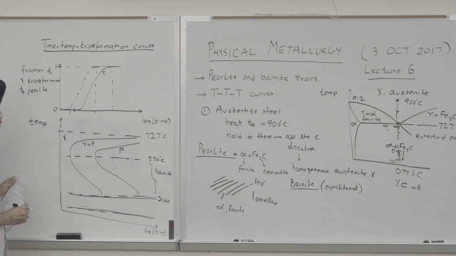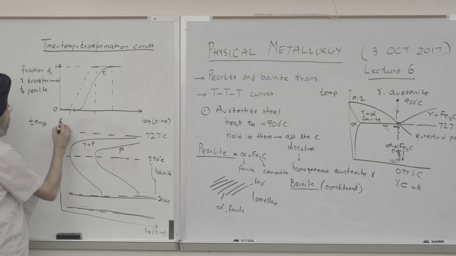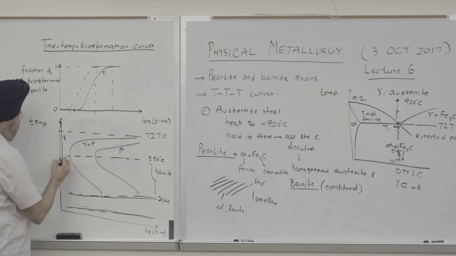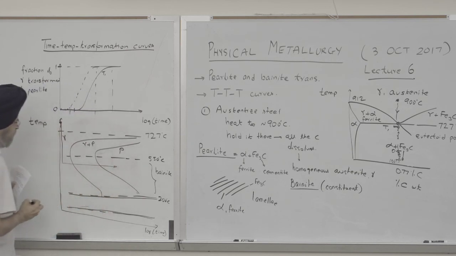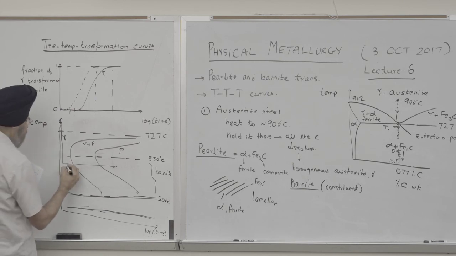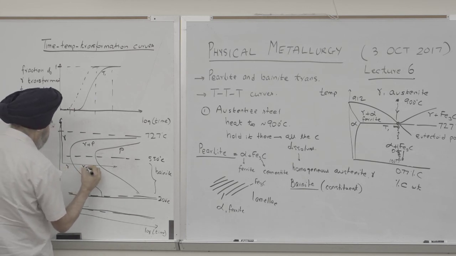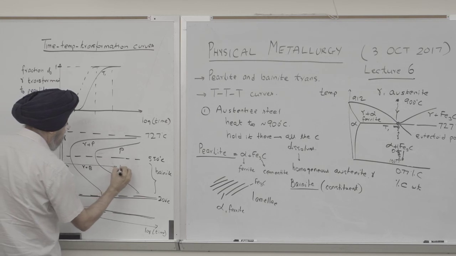So now suppose you take a steel at this temperature and then you quench it down to, let's say, that temperature, and then you hold it there like so. So this is gamma, this will be gamma plus bainite, then this will be mostly bainite.